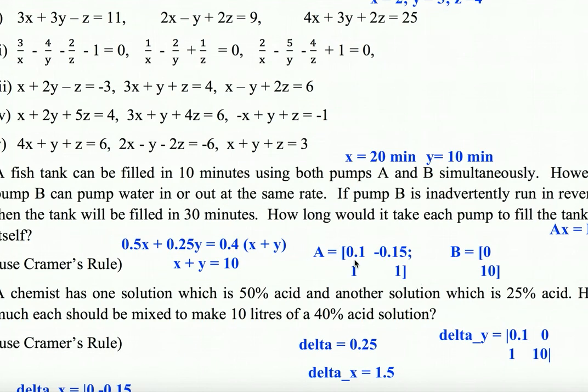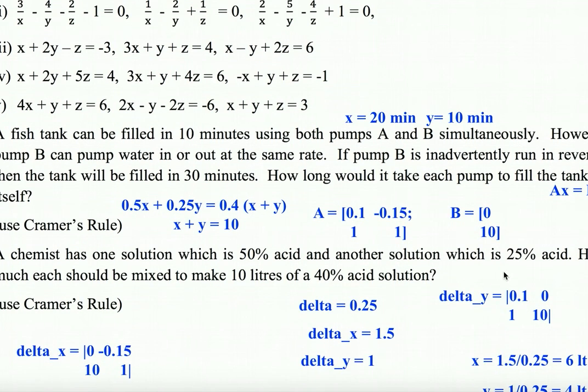Okay, how did we get A matrix like this? See, 0.4x is there, so 0.5 minus 0.4 is 0.1, 0.25 minus 0.4 is minus 0.15. That is the reason these two are not 0.5, 0.25. And what is B matrix? This is the right hand side, it is 0, and this will be 10.